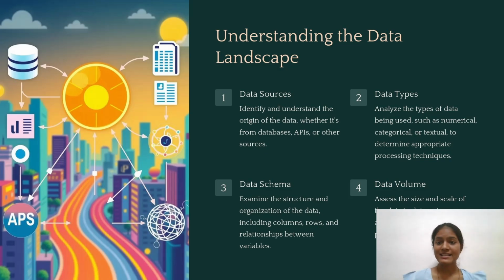We will analyze the types of the data being used, such as numerical, categorical, or textual, to determine appropriate processing techniques. Third is data schema, and the fourth is data volume. Data schema examines the structure and organization of the data, which includes columns, rows, and relationships between variables. Data volume assesses the size and the scale.